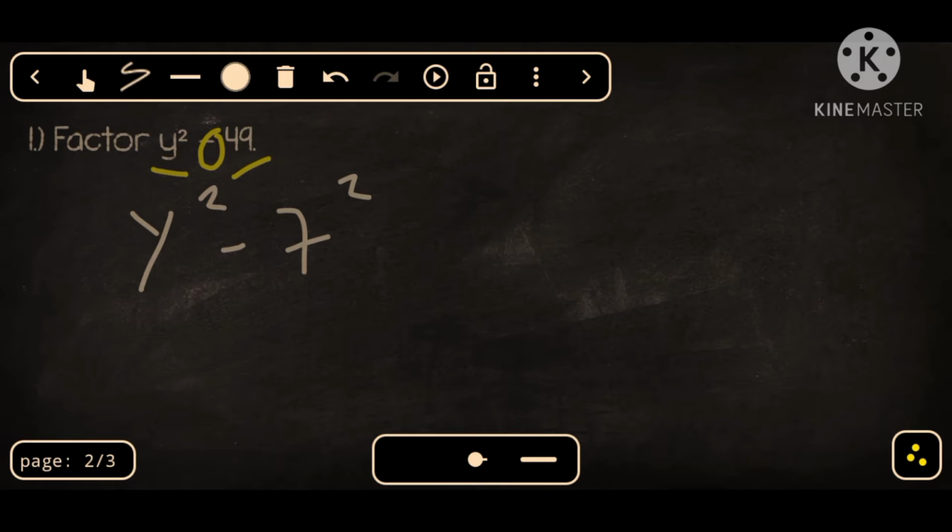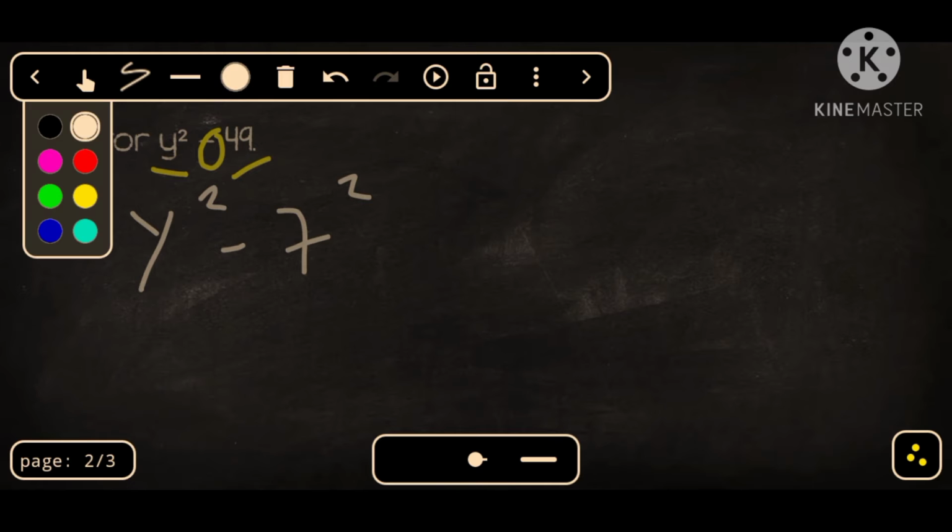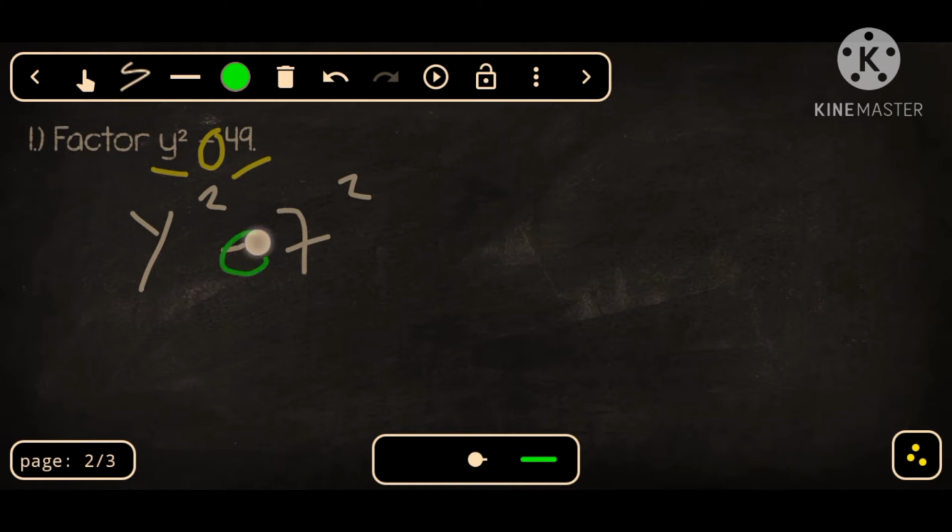Again, for difference of squares, it is a binomial, the operation is subtraction, the first term is squared, and the second term is also squared. So it satisfies the condition. Our a is y, and our b is 7.